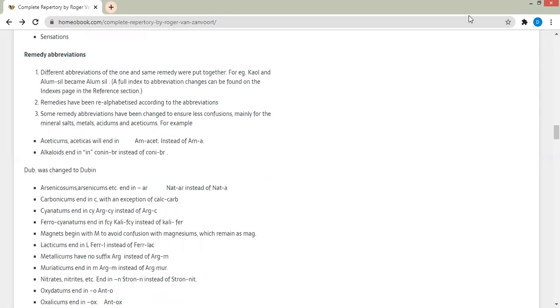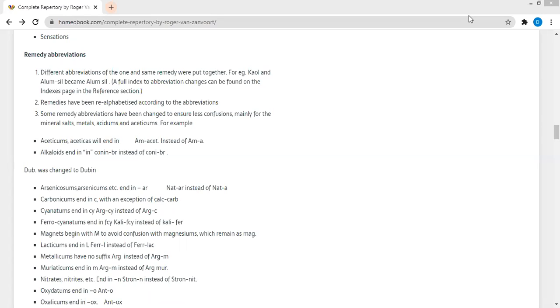Then remedy abbreviations. Different abbreviations of one and the same remedy were put together. For example, Calc-sil and Alum-sil, that is silicea, become Alum-silicatum.